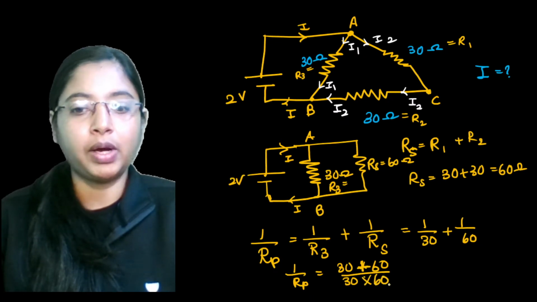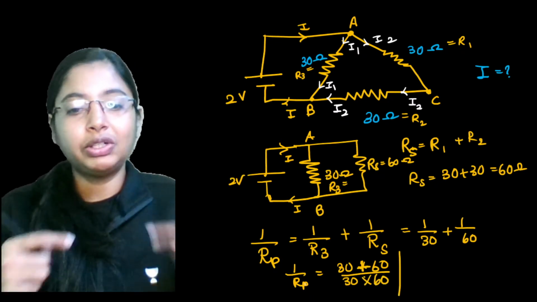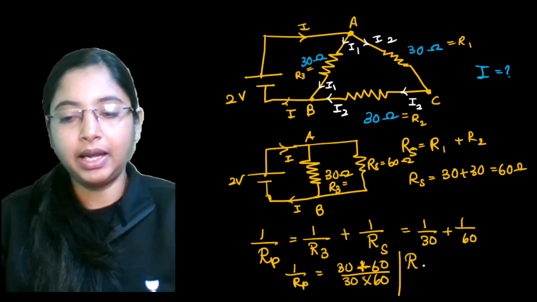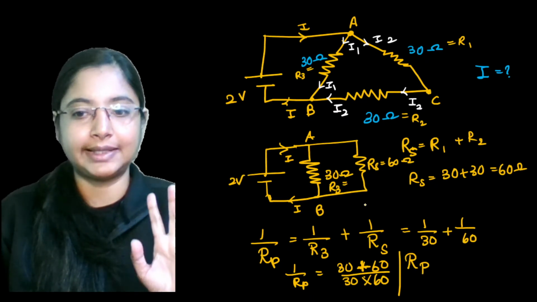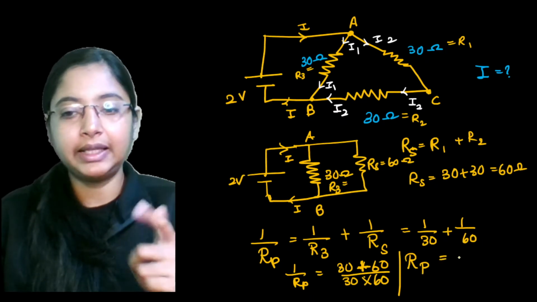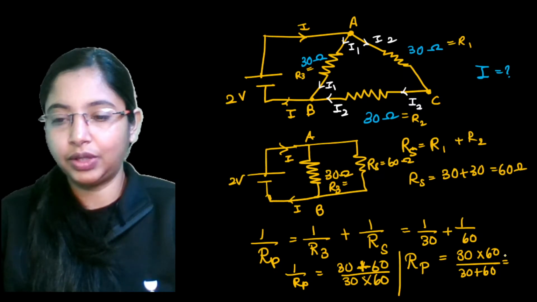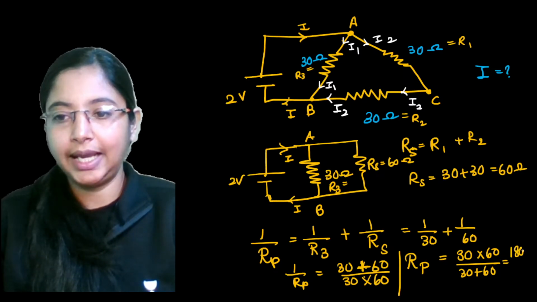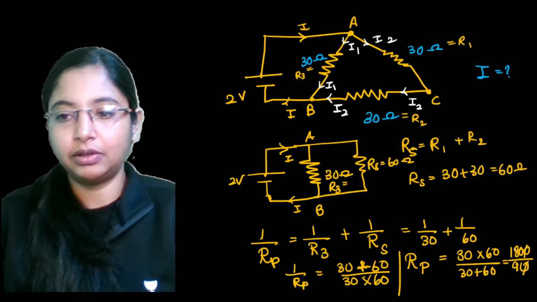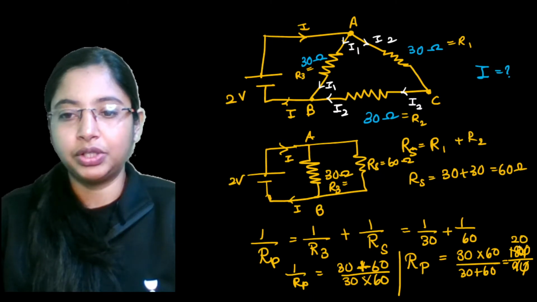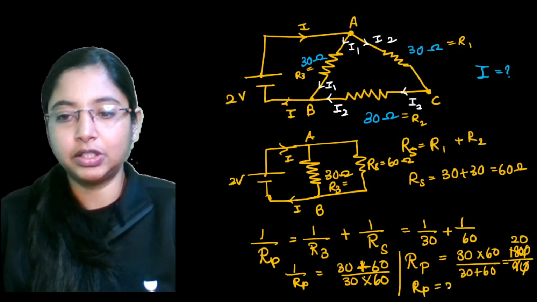Take the reciprocal: RP is 30 into 60 by 30 plus 60, which is 1800 by 90. Cancelling, 9 twos are 18, so the equivalent resistance is 20 ohms.